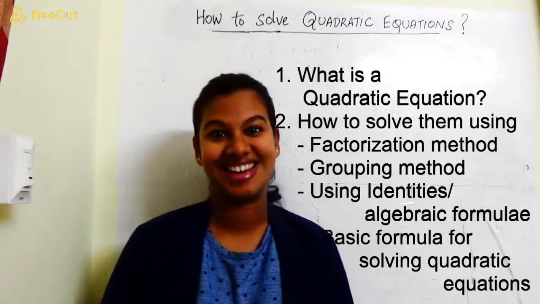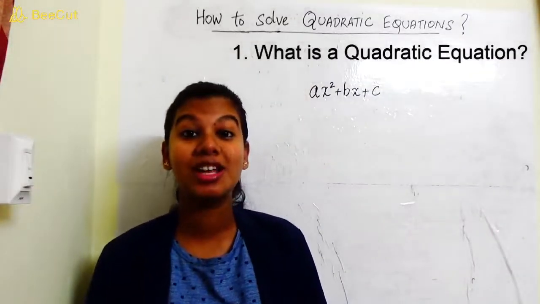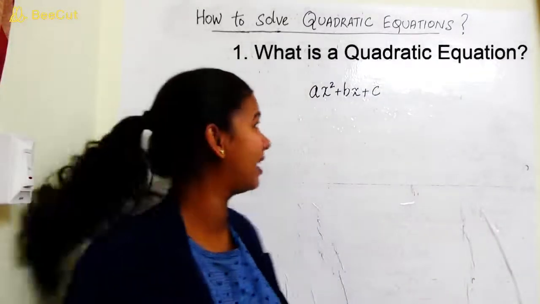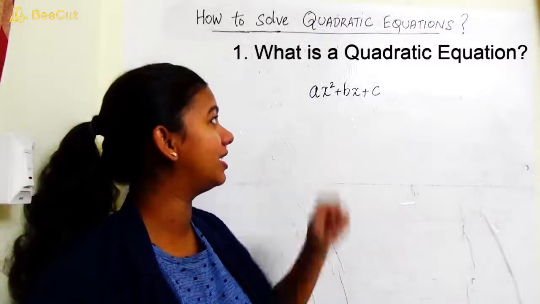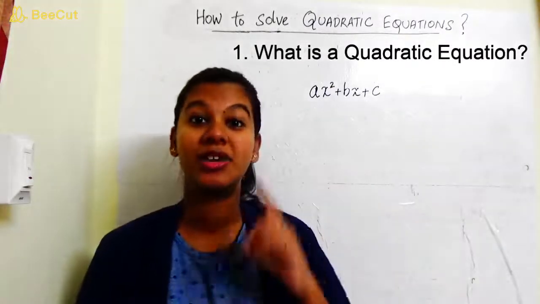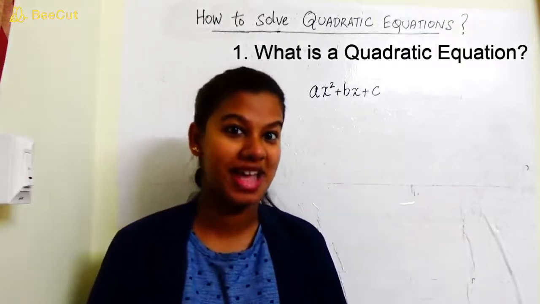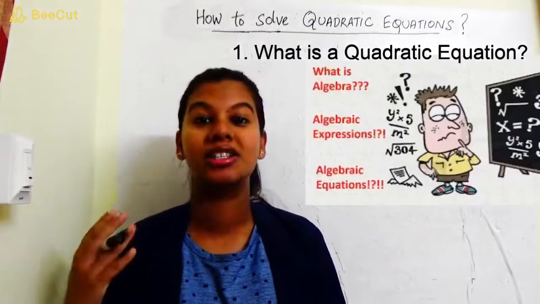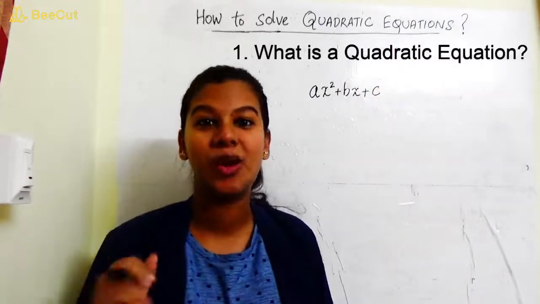Okay, so let's start. In my previous video I explained what a quadratic polynomial is. A quadratic polynomial will have a variable whose degree is 2. In my first video on algebra I explained what an algebraic expression and an algebraic equation are. Equation means there will be an equality sign.